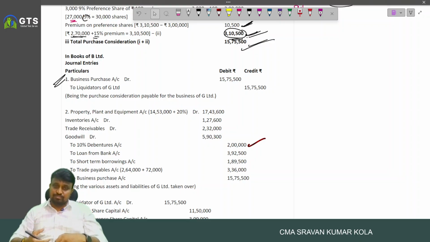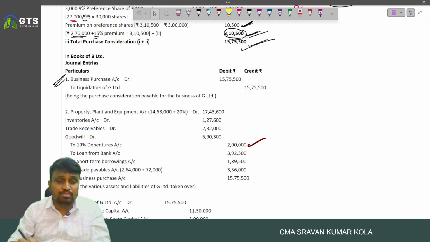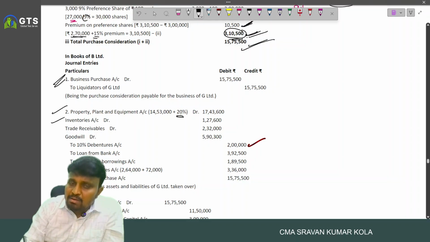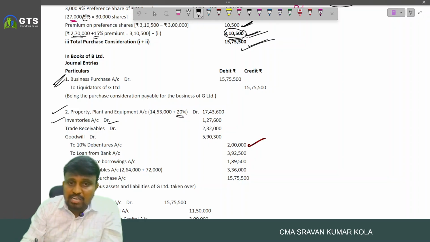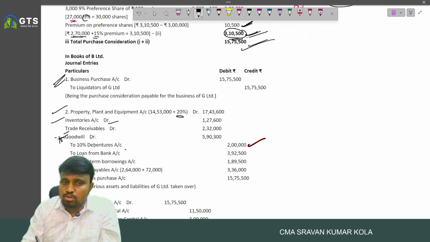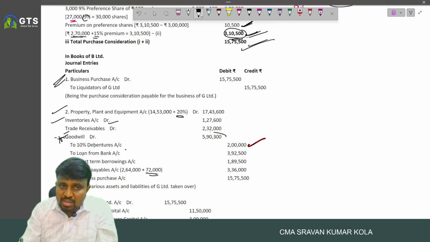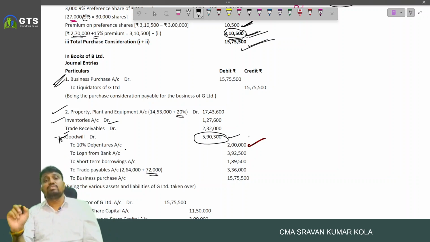So PPE account debited, inventory revalued up by 20%, trade receivables, goodwill, no goodwill. To 10% debentures, to loan from bank, short term borrowing, 72,000 contingent liability, to business purchase. The difference amount is treated as what? Goodwill.